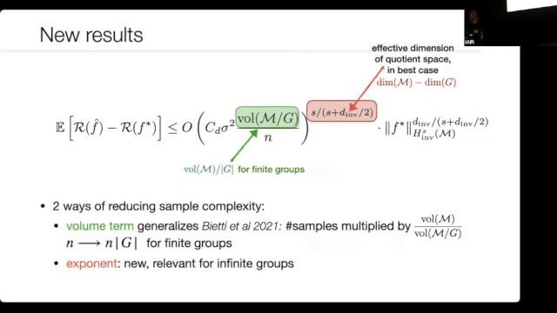That's basically what this says. The green part generalizes what this other paper by Beatti et al. from NYU already showed, but it shows it for learning on any manifold, not only on the sphere, but also for other types of spaces. The exponent part is new because it comes from the invariance under infinite groups.